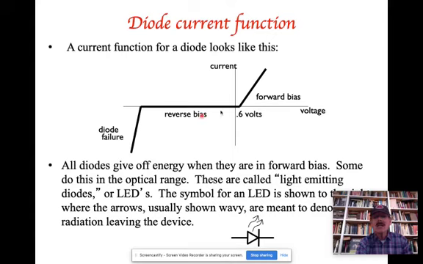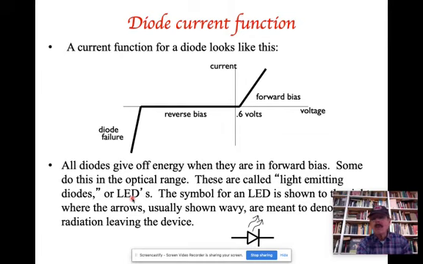Interesting side note, these things, when they're in forward bias, actually dissipate energy, and they give that energy off primarily as electromagnetic radiation. If it happens to be in the optical range, you end up with what's called a light emitting diode or an LED.